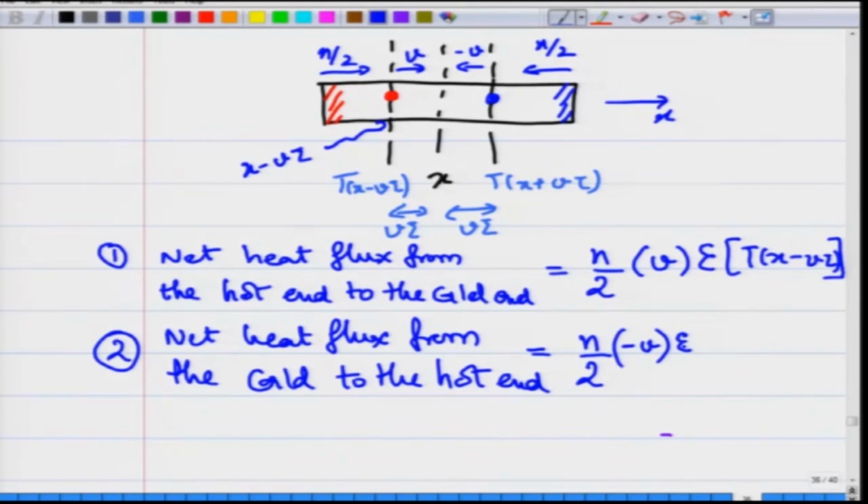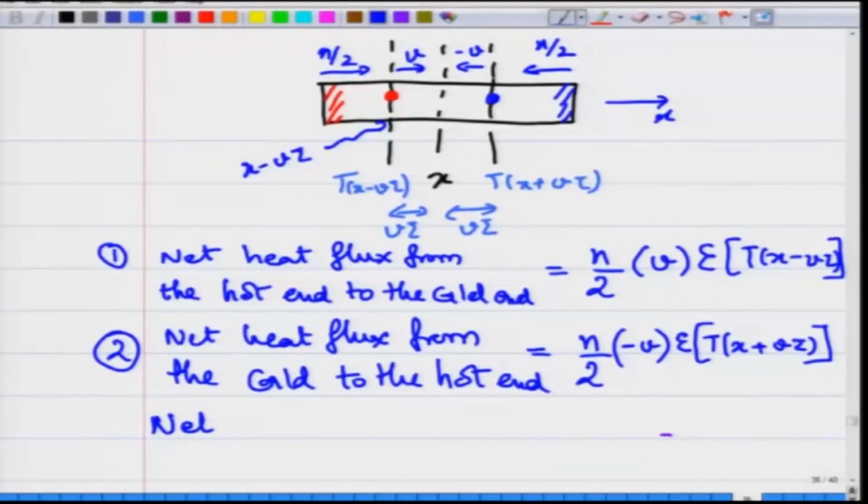However, their energy which will contribute to the net heat flux will be determined by the local temperature at the cold point, which is x plus V times tau. So, the energy is a function of the local temperature x plus V times tau, and as I said, the electrons at these points, whatever their momentum is governed by or is determined by the local temperature at this point, and they are the ones which will continue undisturbed without scattering and carry a net momentum across x, which will give rise to a net heat flow.